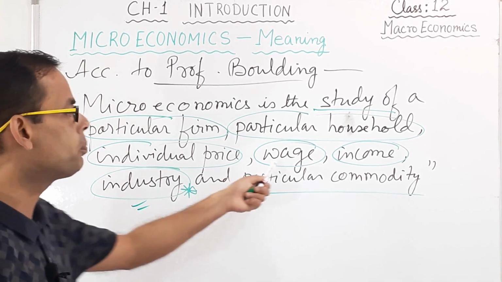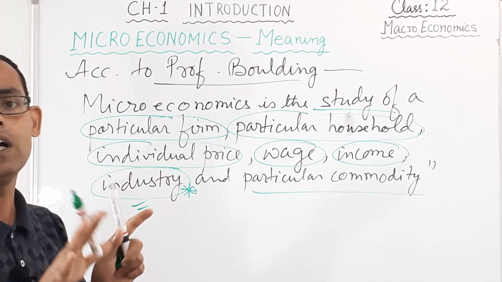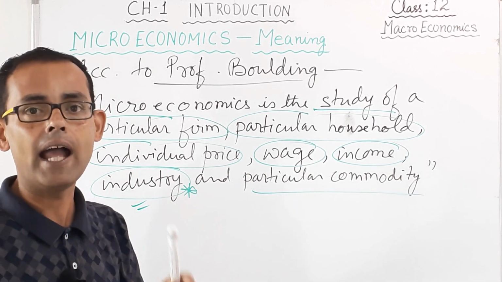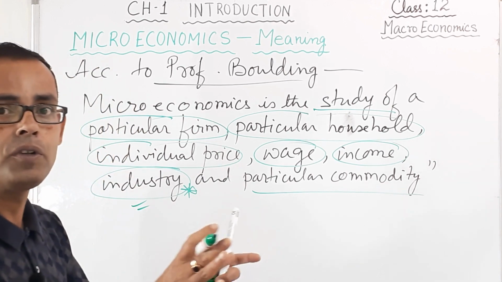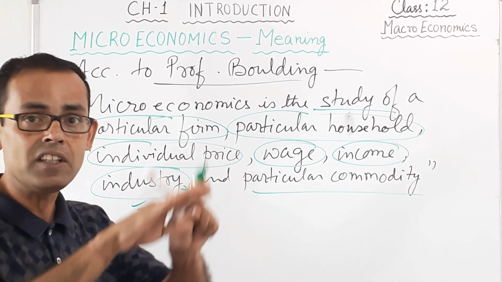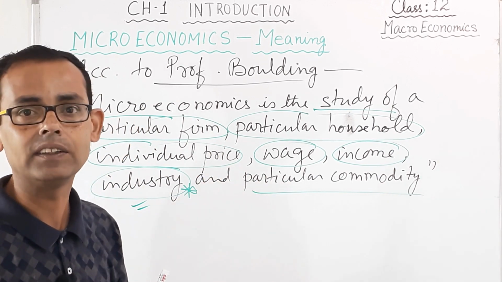Clear? Price, wage, this you know, but industry is a group of small firms that all produce the same product. So these firms all together, we say it is industry.